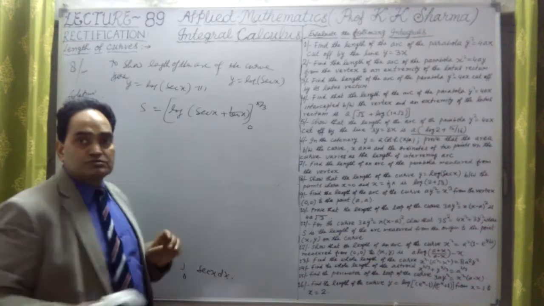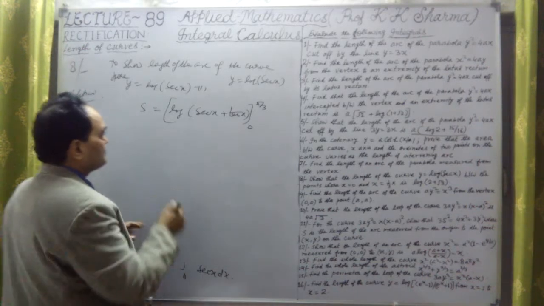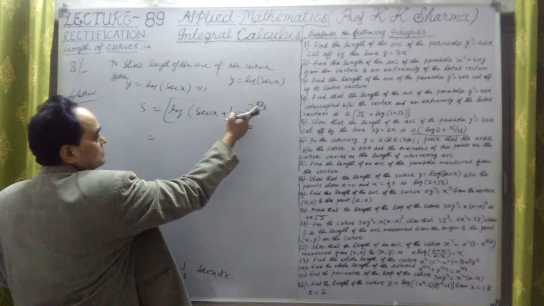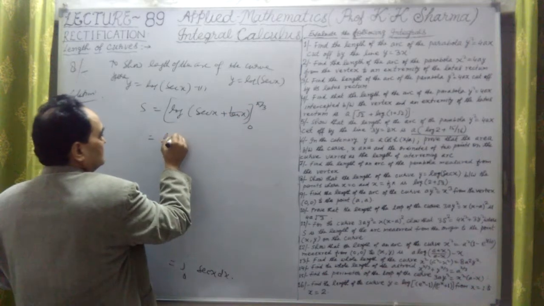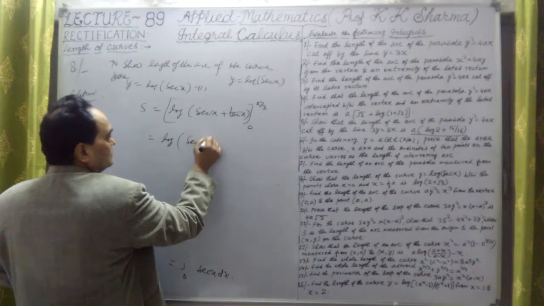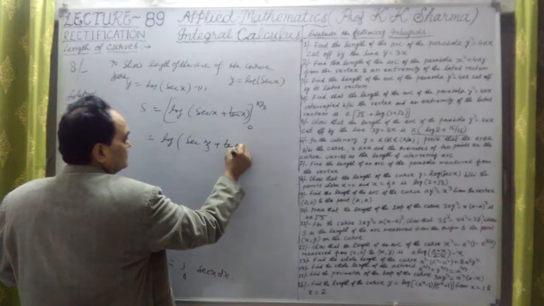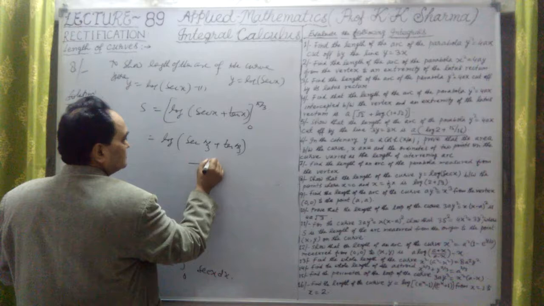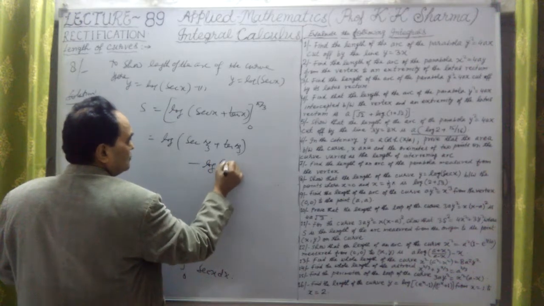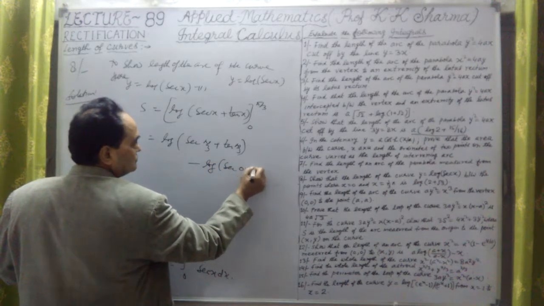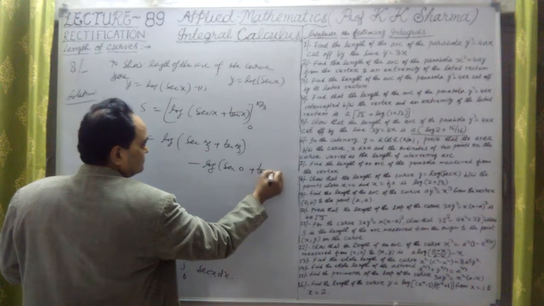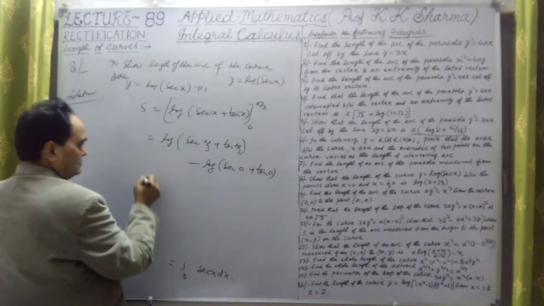If I put the upper limit, it is log of secant pi by 3 plus tan pi by 3, minus log of secant 0 plus tan of 0. What is this value?